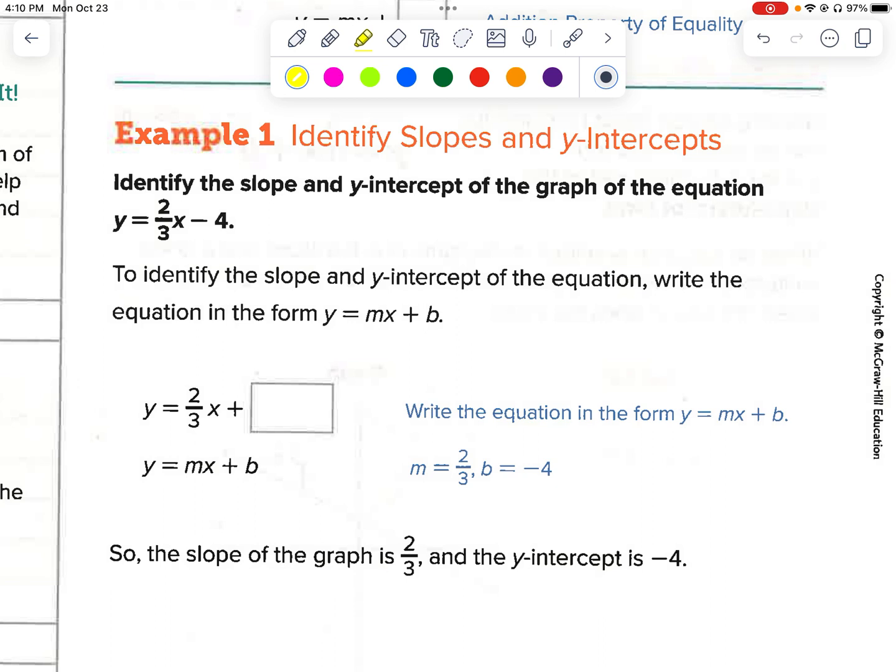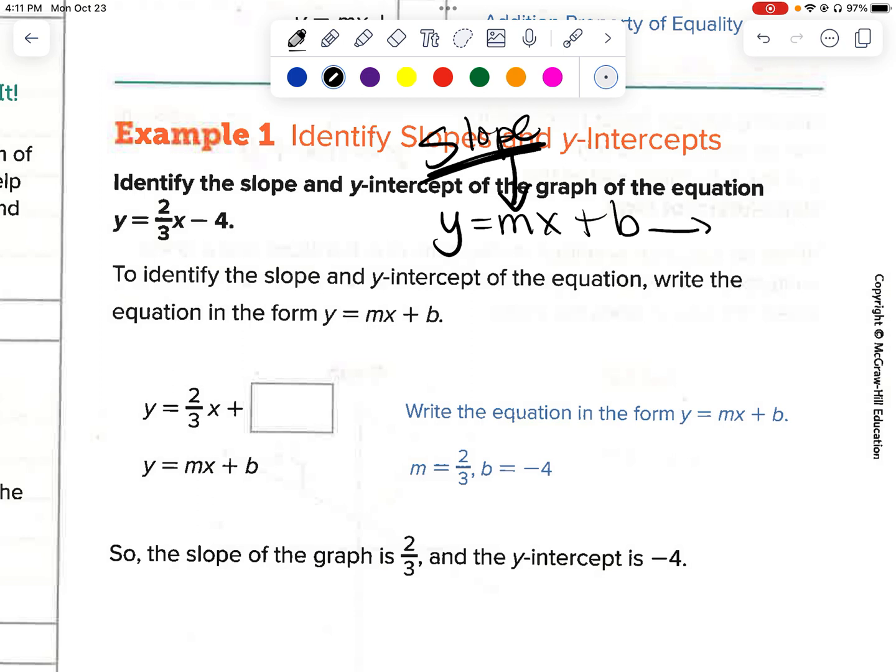So all we have to do is remember y equals mx plus b. The m is the coefficient of x. That's the slope. The slope is always in front of the x, and the y-intercept is the number that stands alone.